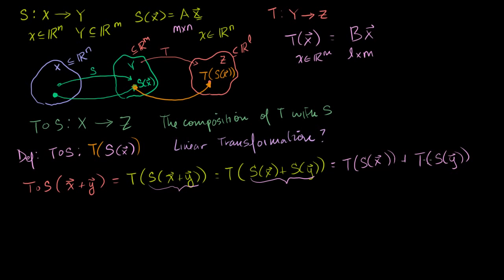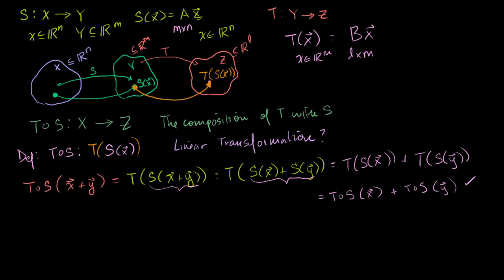But what is this right here? This statement is equal to the composition of t with s applied to x plus the composition of t with s applied to y. So, given that both t and s are linear transformations, we got our first requirement: the composition applied to the sum of two vectors is equal to the composition applied to each of the vectors summed up.